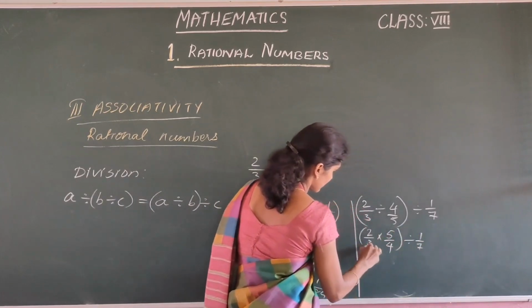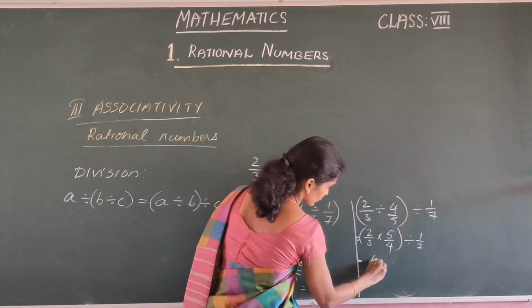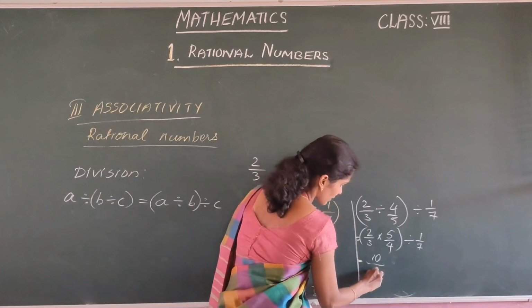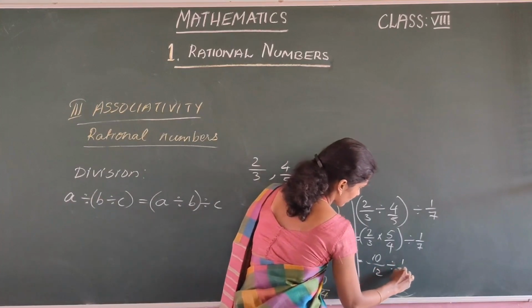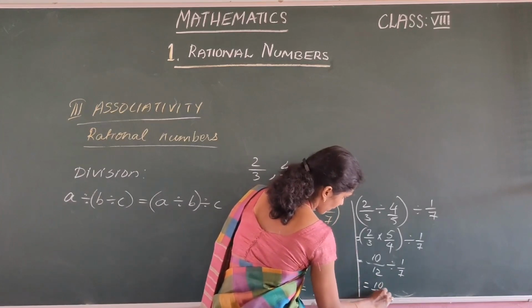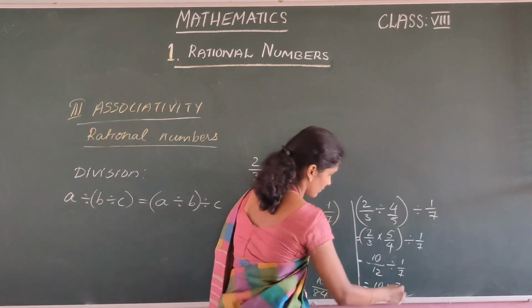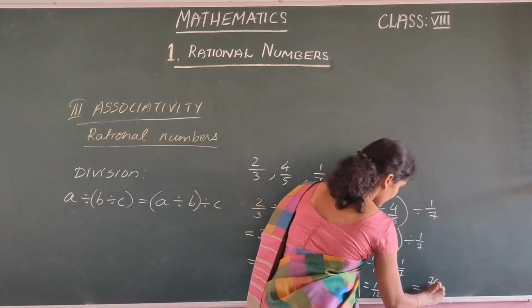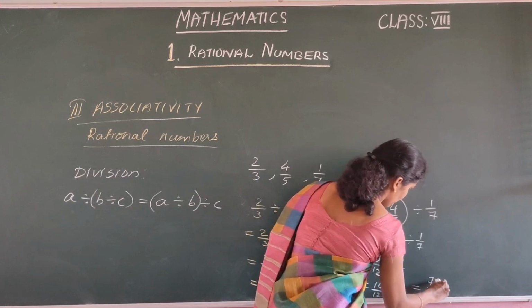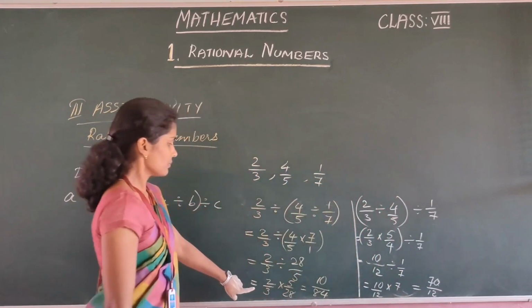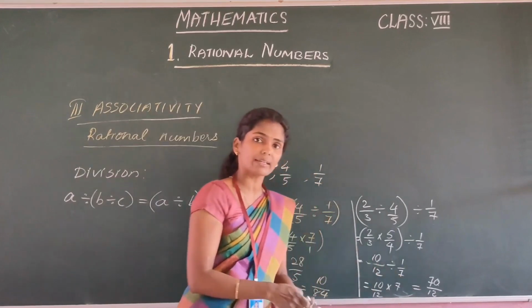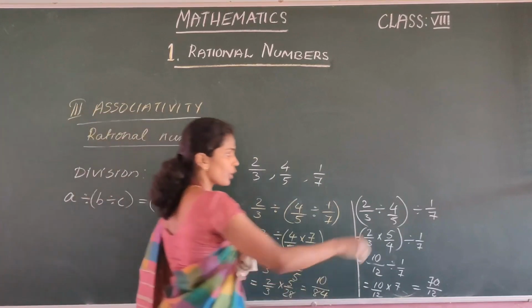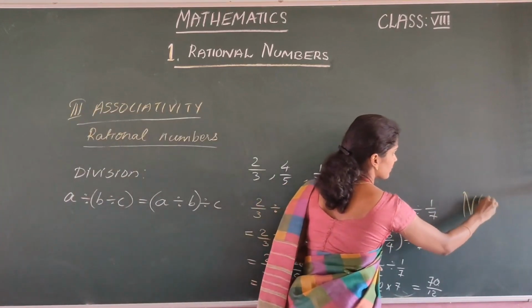Divided by 1/7 equal to 10/12 into 7, which is equal to 70/12. Here, these two are not equal. Therefore, in the case of rational numbers, division is not associative.